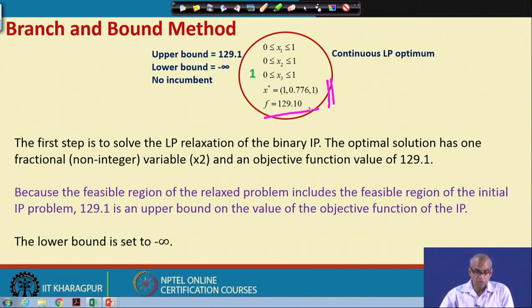Therefore, the optimal solution that I get using the relaxed linear programming problem is an upper bound on the value of the objective function of the integer programming problem. So, the upper bound is set as 129.10. I do not have any known feasible solution to figure out the lower bound. So, I set the lower bound as minus infinity.